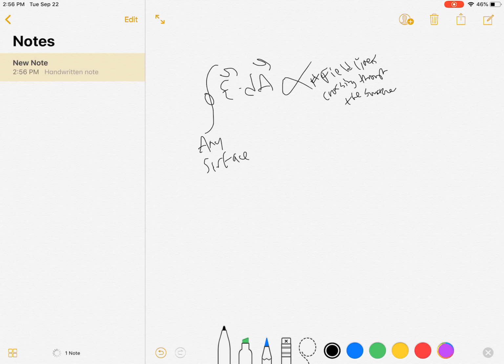And so we've already talked about field lines before. Let's talk about this statement for a bit.